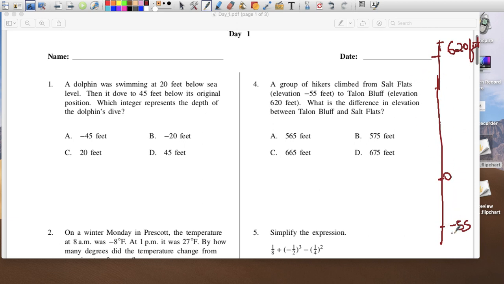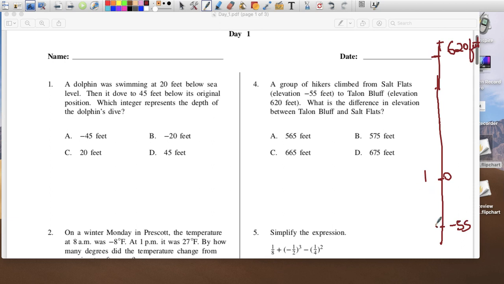So imagine you're at negative 55. So again, I like the building example. You're at negative 55, on the 55th floor underground, and you have to go all the way to the 620th floor. Well, take it part by part. So negative 55.